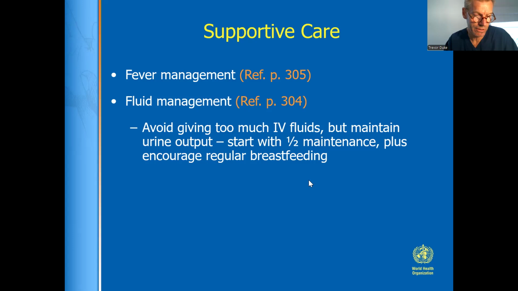And when he is able to breastfeed, then cut back on the intravenous fluids and give him just a small amount, which keeps the drip open and enables him to have breastfeeding and antibiotics through the IV cannula. So getting fluid management right requires frequent reassessment, and many children require more fluid to start with and then less fluid later on as they improve.